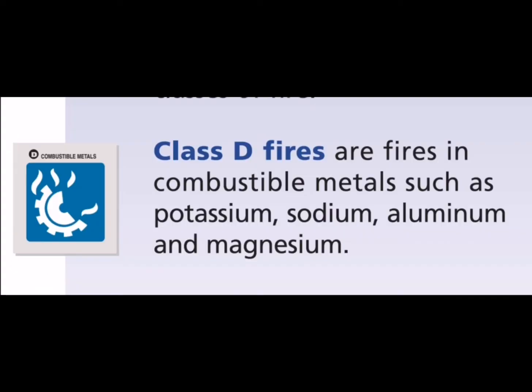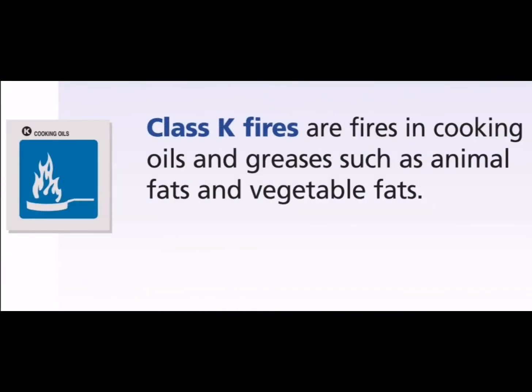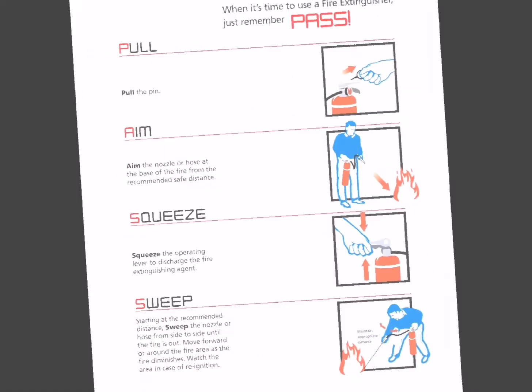Fourth, Class D fires are fires in combustible metals such as potassium, sodium, aluminum, and magnesium. And the last is Class K fires, which are fires in cooking oils and grease such as animal fats and vegetable fats. That's all.